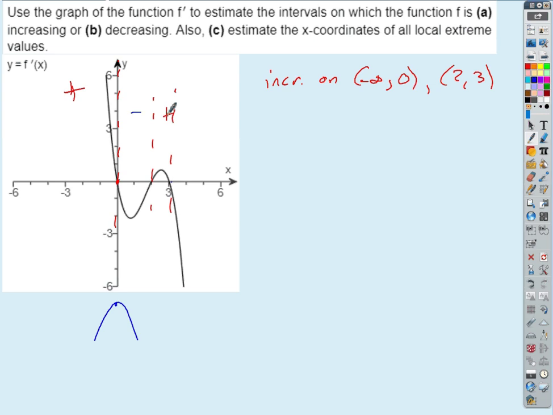I'm going from positive to negative, so I'm also getting one there. And I'm going to get a minimum there, right? Because I'm going from negative to positive, first derivative. And so if I wanted to knit those together, this one would have to be higher, that would be lower, that would be higher, right? So something like that, right? Okay?